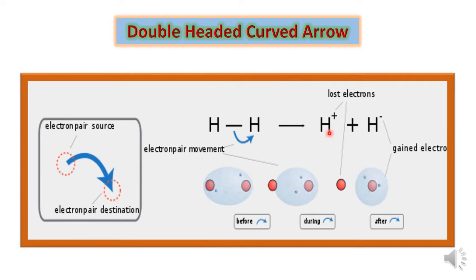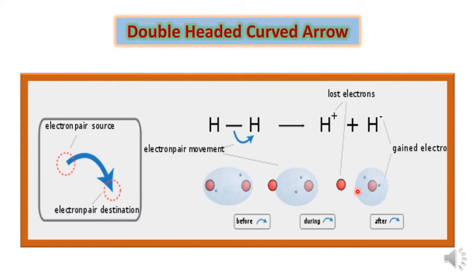So we get H plus here because one electron is transferred away from this hydrogen, therefore it is H plus, and one electron is extra here, therefore it is H minus. So the electron is gained here. In this picture also you can see the two hydrogen nuclei and the electron pair. Now the electron of this hydrogen nucleus is transferred to this hydrogen.